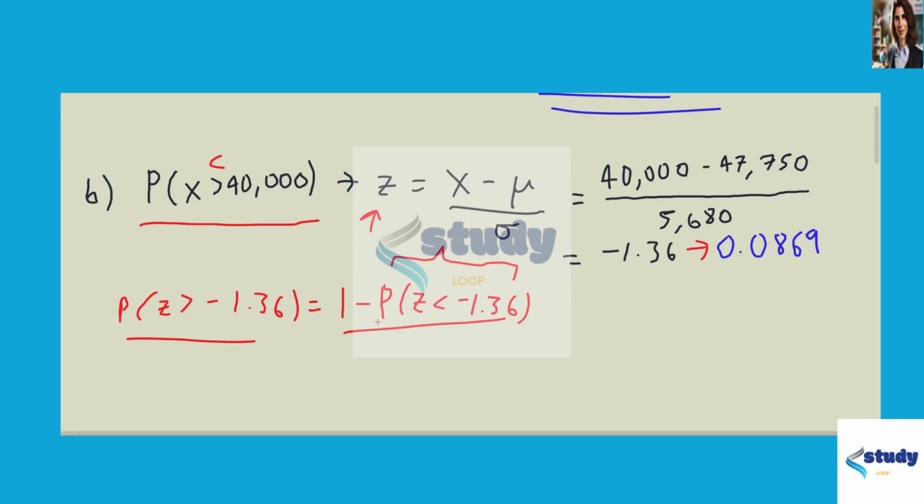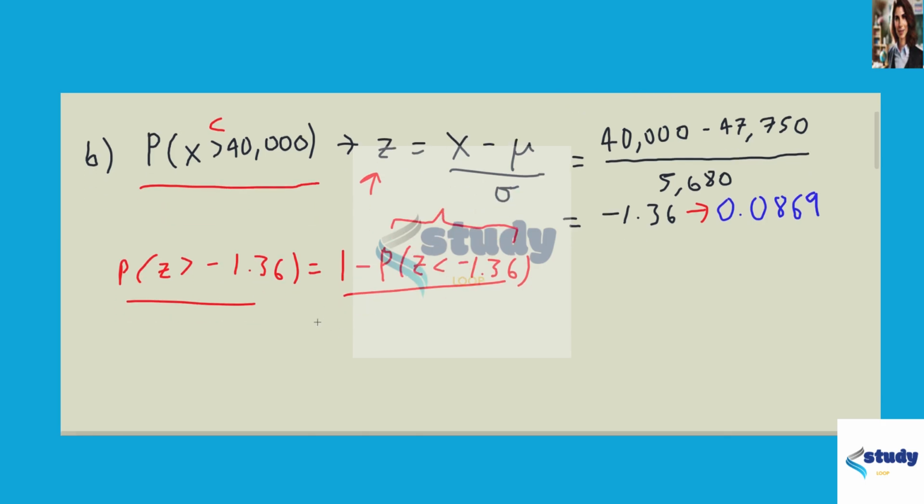Then if we substitute it back into here, you get 1 minus 0.0869, which is the corresponding probability to this Z value. And that gives us a final answer of 0.9131.